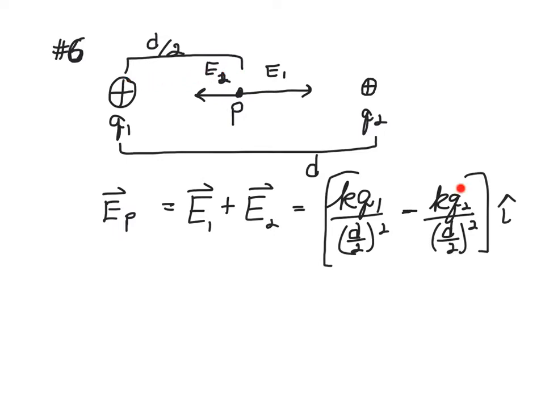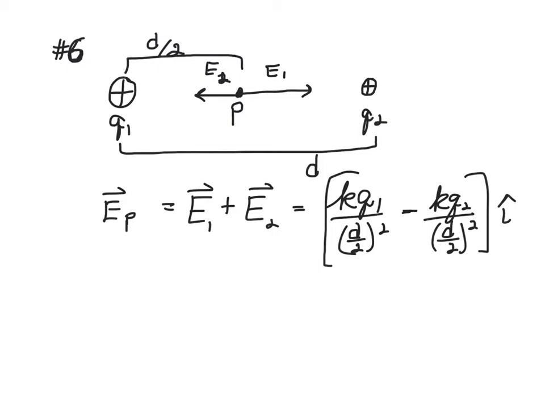And if Q2 were negative, then E2 would be in the positive direction, because field lines always go toward a negative charge. And so this equation will work whether the charges are positive or negative. It'll automatically adjust the direction. So this is the general solution for any problem of this type.